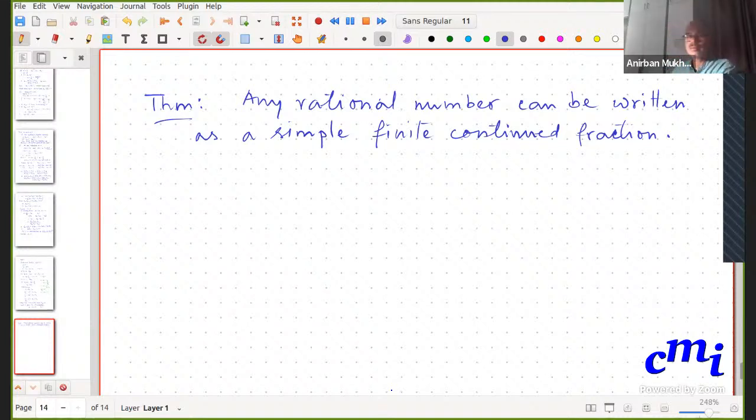Let's see the algorithm for this, which is actually just the proof of this. So quite an algorithmic proof.